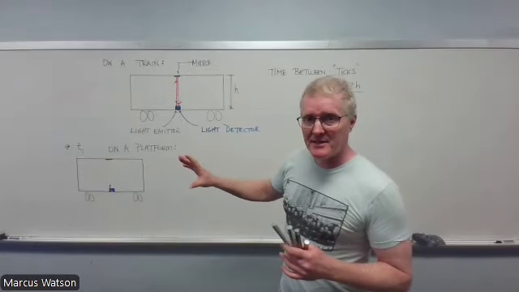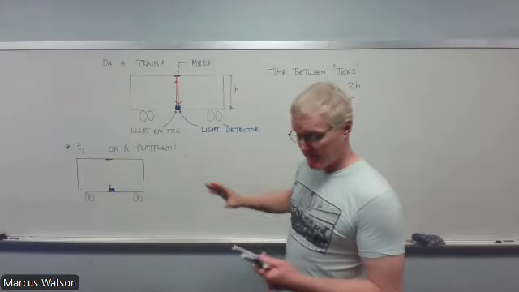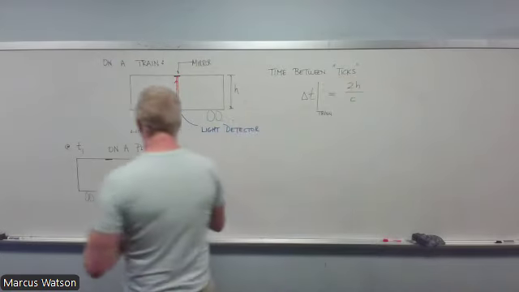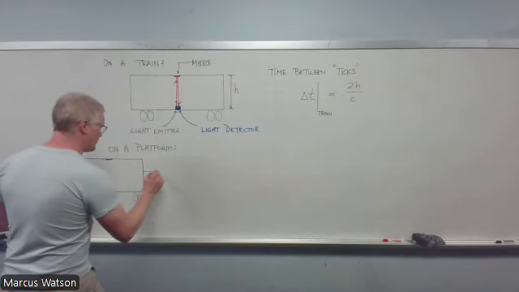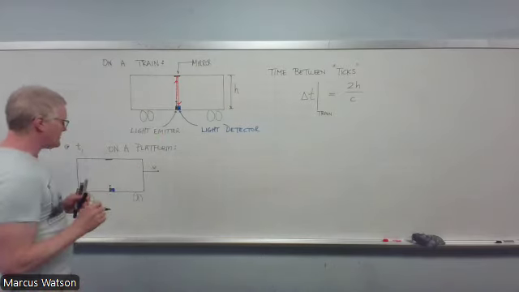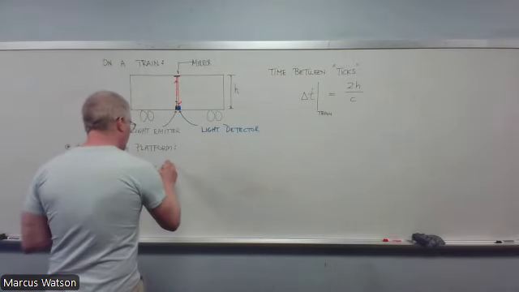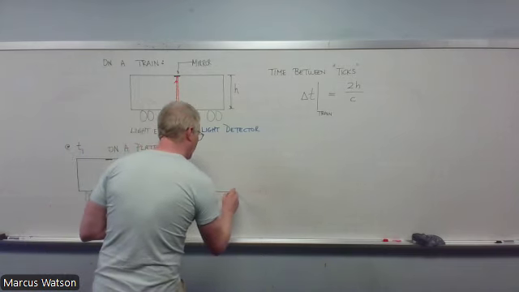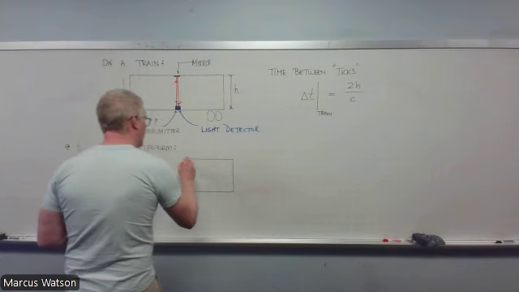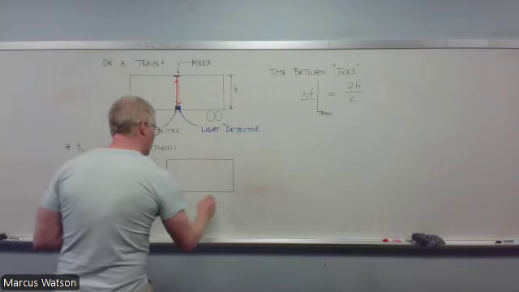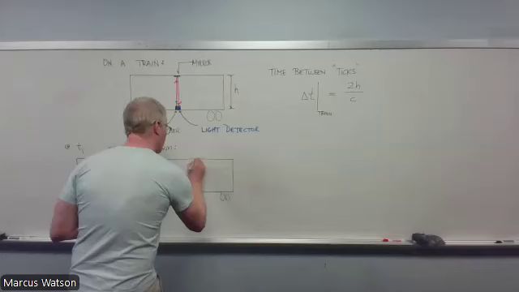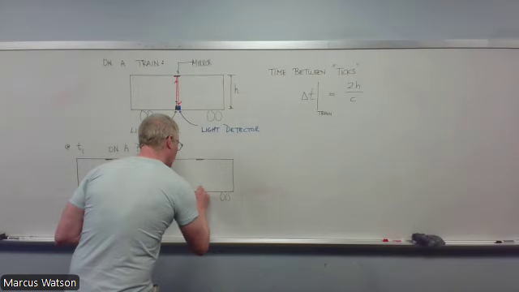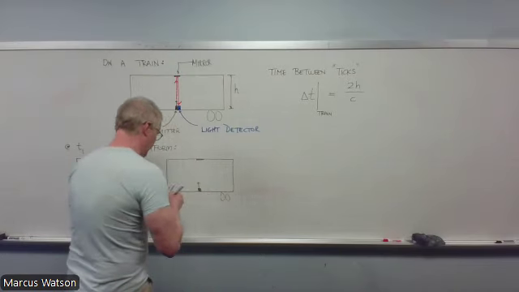And as it does that, the train is moving past me, okay? So the next thing I see as my clock is ticking and I'm watching this, I should also put that this train is moving with some speed like that. Okay, I'm going to draw the same thing again. Here's the mirror. Here's the emitter. Here's the detector next to it.